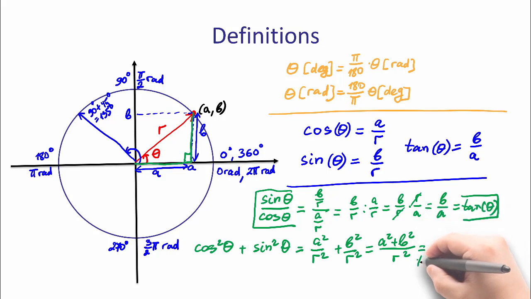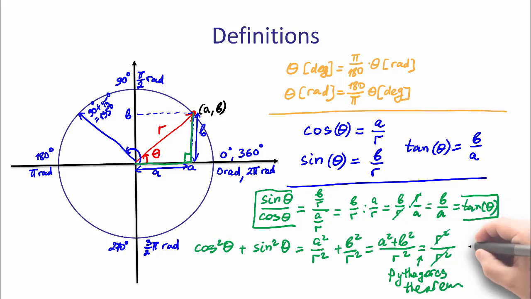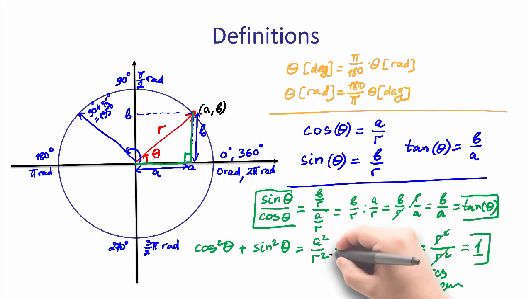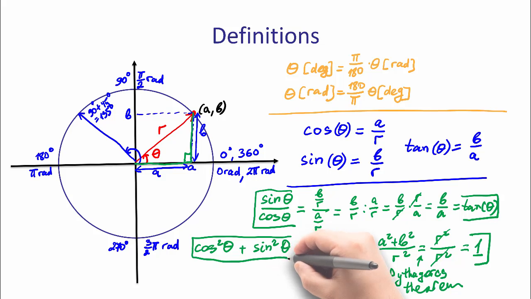So based on the Pythagoras theorem, this will be equal r squared divided by r squared, which is 1. So this trigonometric identity is cosine squared plus sine squared equals 1. In the formulae pages you will have many more different trigonometric identities that you will be able to use in the future.